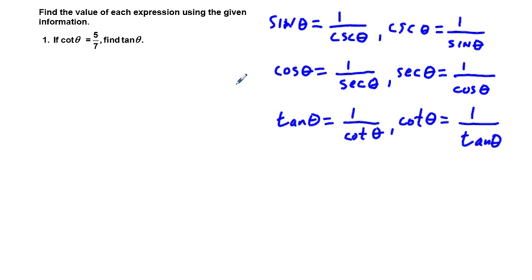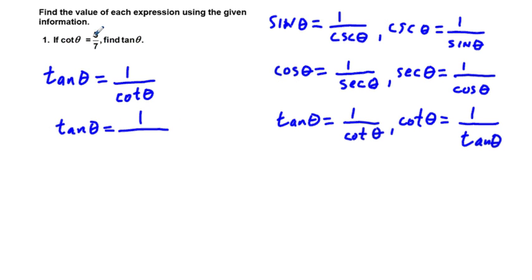These are the identities we're going to use to solve, I think, all of the problems in this set. Here we have cotangent theta equals 5/7. Find tangent theta. We use the last identity: tangent theta is equal to 1 over cotangent theta, which is 5/7.